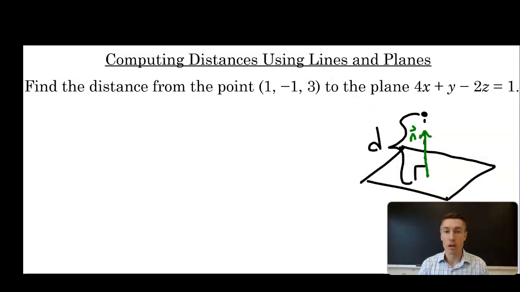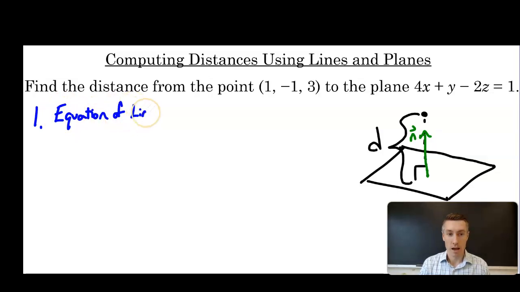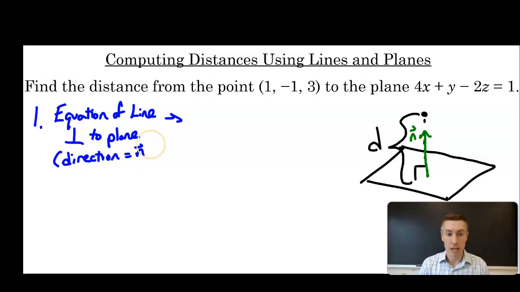So the first way we could approach this problem would be to write an equation of a line perpendicular to the plane that goes through that point. All that means is that our direction vector for the line would be equal to the normal vector of the plane.